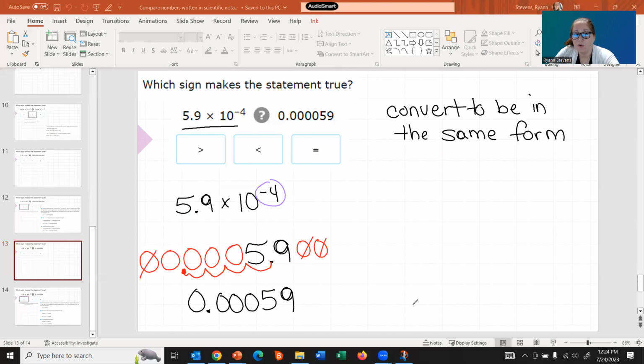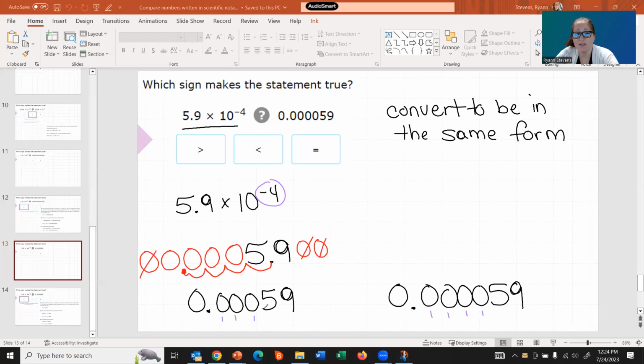Now, when I look at these two numbers, it's important to note how many zeros there are. I've got 1, 2, 3 zeros here, and then I have 1, 2, 3, 4 zeros here. Now, I know there are more zeros in the number on the right, but remember that the smaller the decimal is, the smaller the portion is.